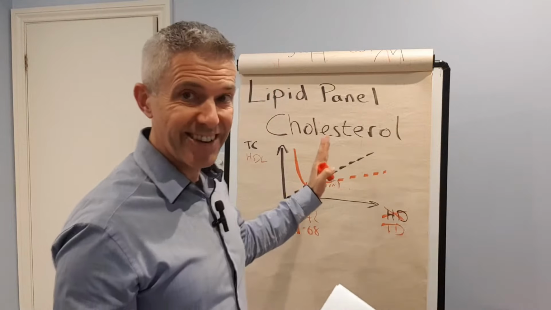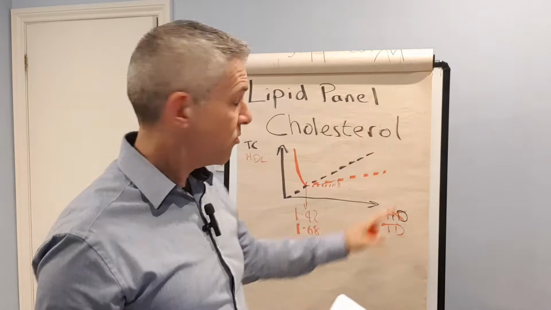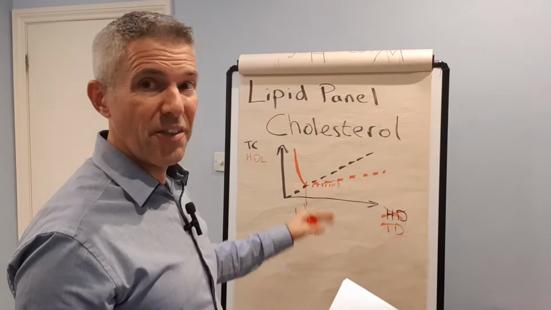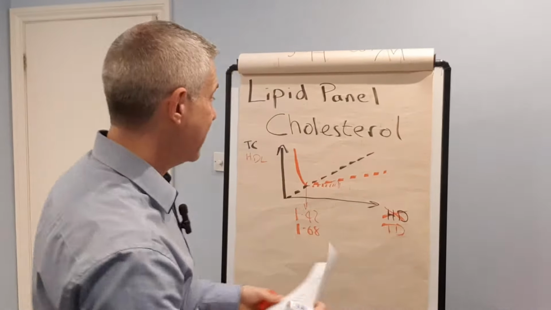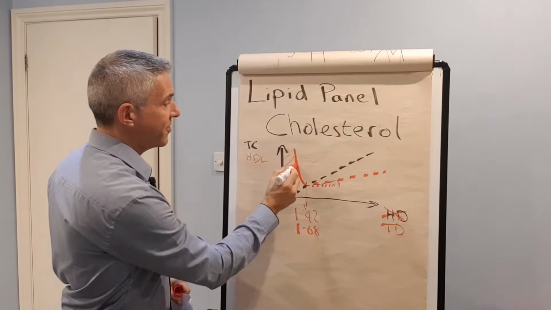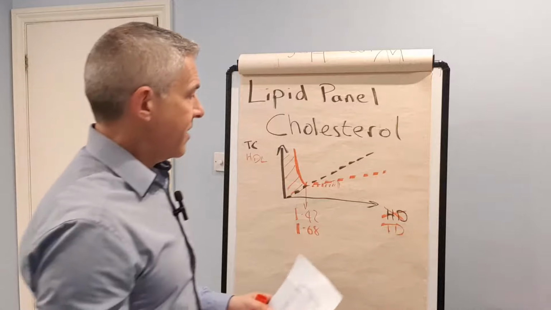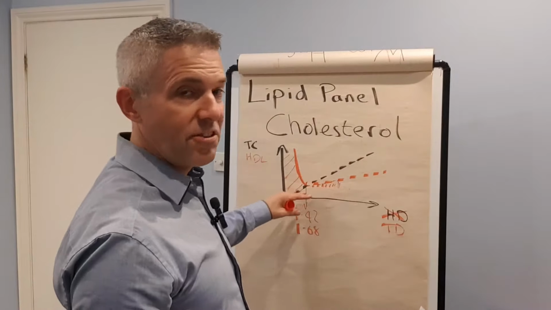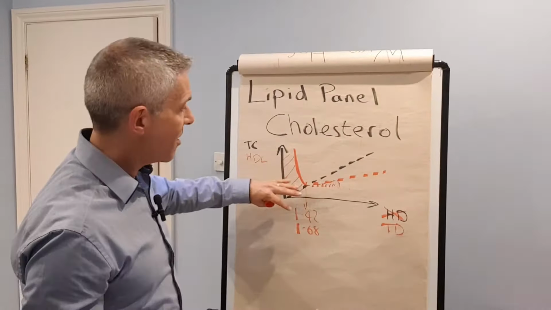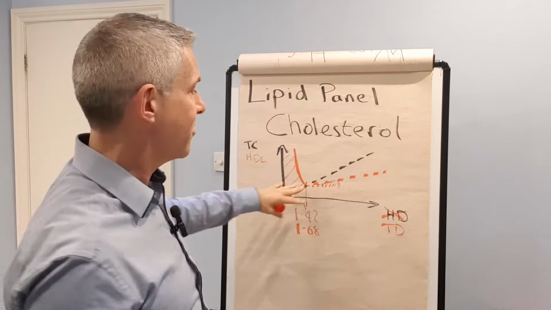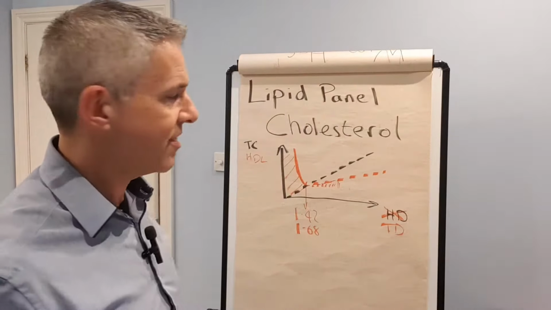Now the problem with statins is they don't just lower bad cholesterol, they also lower good cholesterol. So if this number is already low and they give you a statin, they're getting you even further into this danger zone, which you were already in. Yes, they may be decreasing your chance of dying from heart disease, but they're massively increasing your risk of dying from everything else, so much so that it doesn't matter about your risk of heart disease.